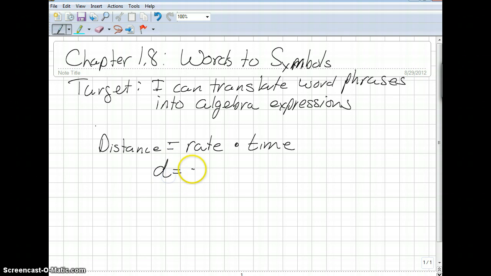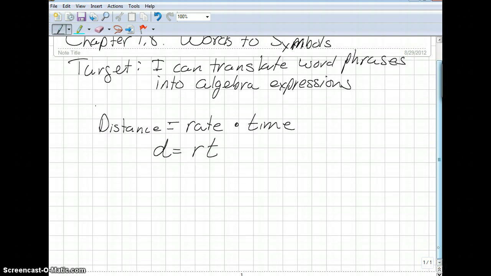Abbreviated, it's D equals R times T. All right. So first we want to start out by just translating simple expressions. So we want to take the words in English and translate them into algebra.